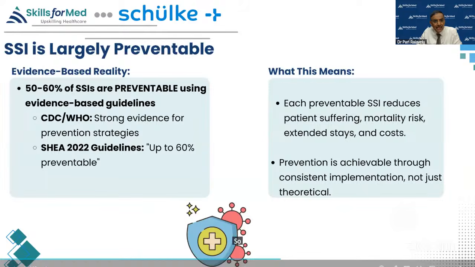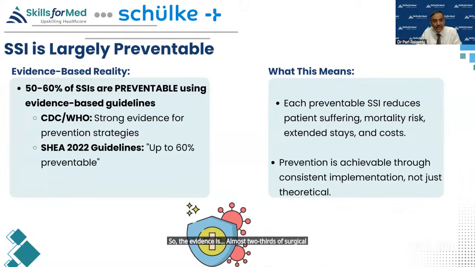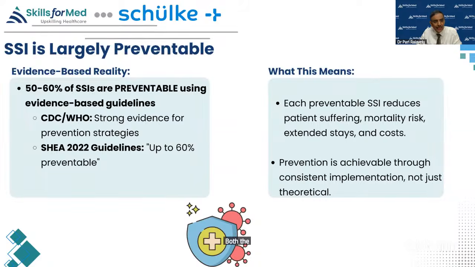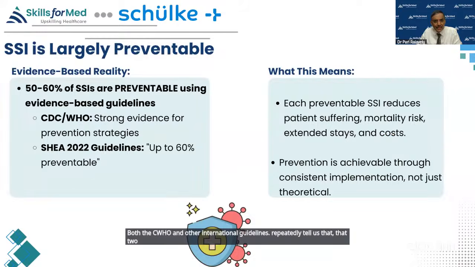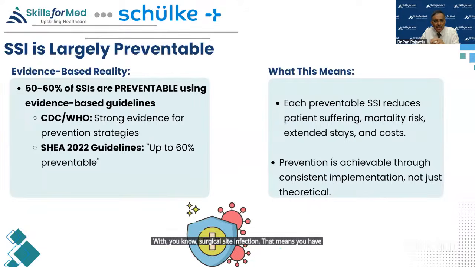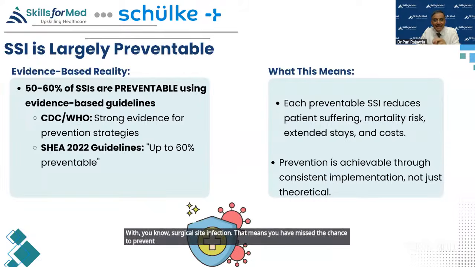The evidence is that almost 2/3 of surgical site infections can be prevented. The CDC, WHO, and other international guidelines repeatedly tell us this. If you have 100 patients with surgical site infection, that means you have missed the chance to prevent infection for 60 of them.